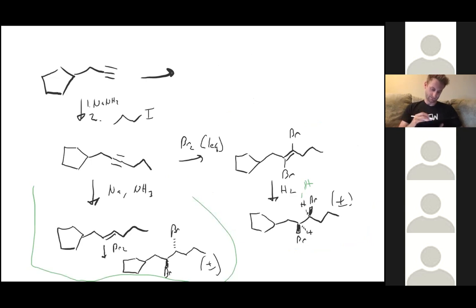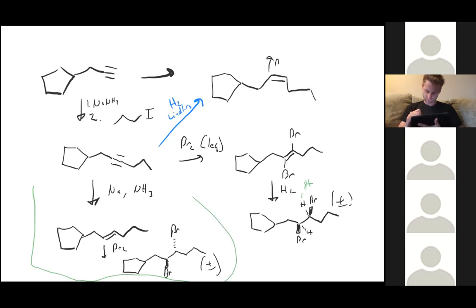So if we had done H2 and Lindlar's, that gives us a cis double bond, like so. And then from here, if we were to add in our Br2, we're out of space.